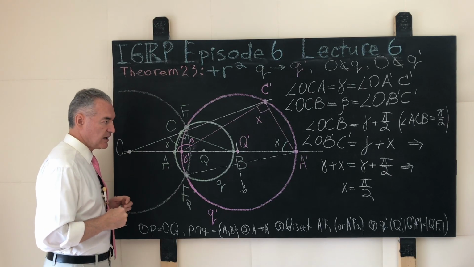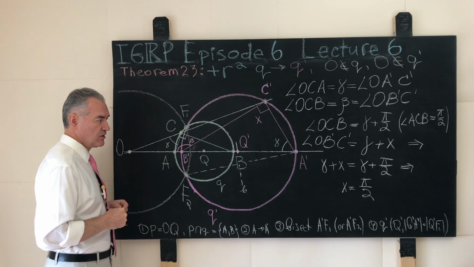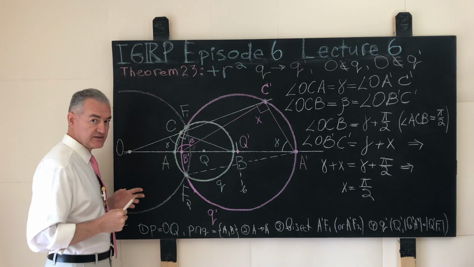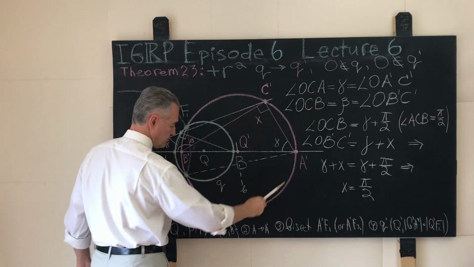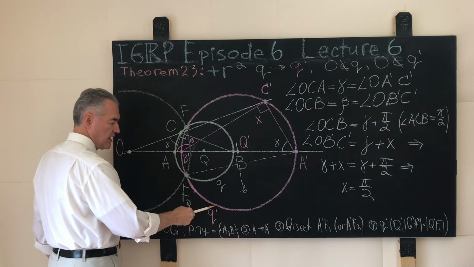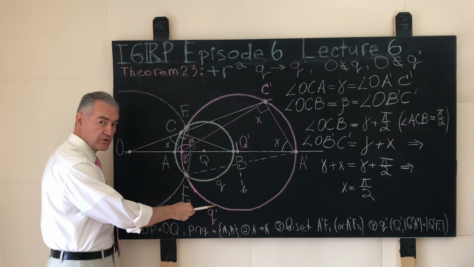And the whole idea of all these philosophical observations is that it is possible to apply exactly the same reasoning to our circle Q prime shown in red, as if it were the pre-image circle.